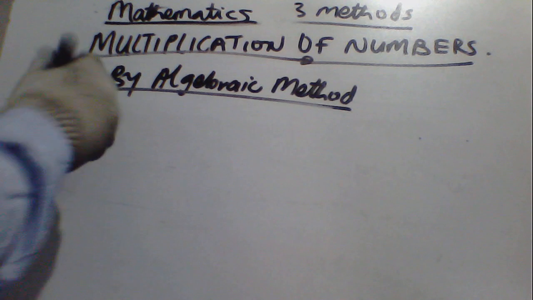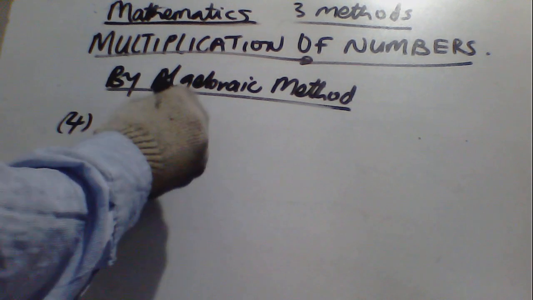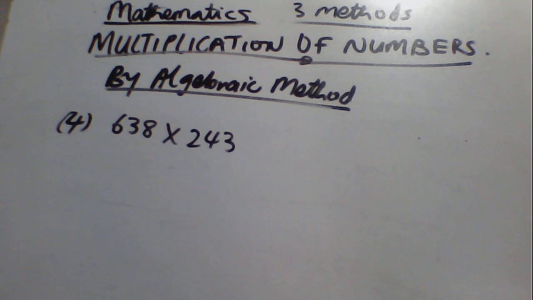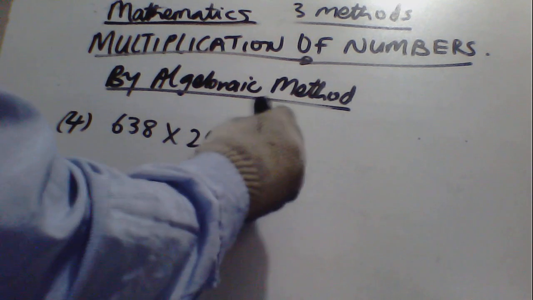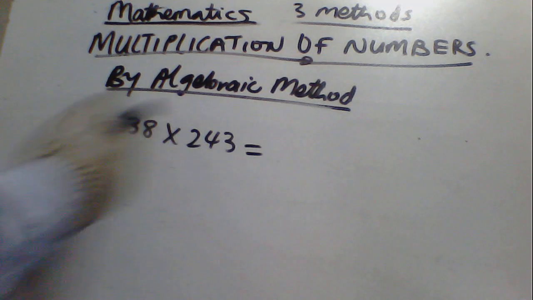So in this example 4, you have 638 multiplying 243. The next thing you should do is to split the number into hundreds and tens.